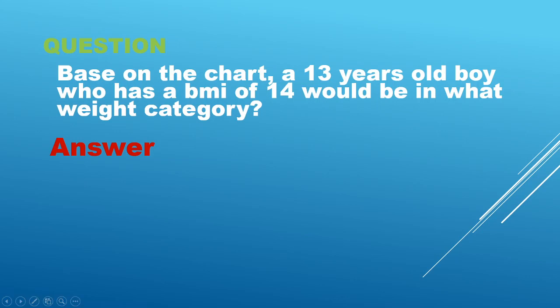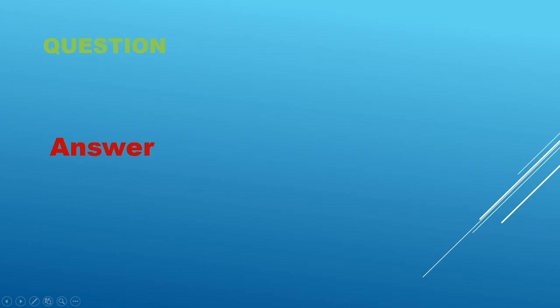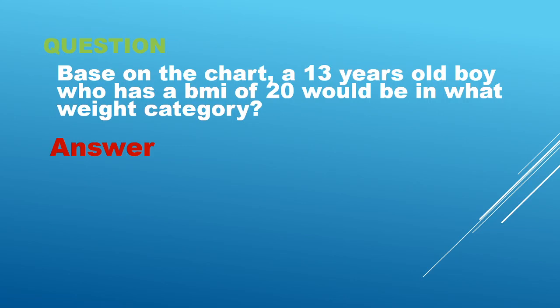So based on the chart, a 13-year-old boy who has a BMI of 14 would be in what weight category? Underweight. Based on the chart, a 13-year-old boy who has a BMI of 20 would be in what weight category?